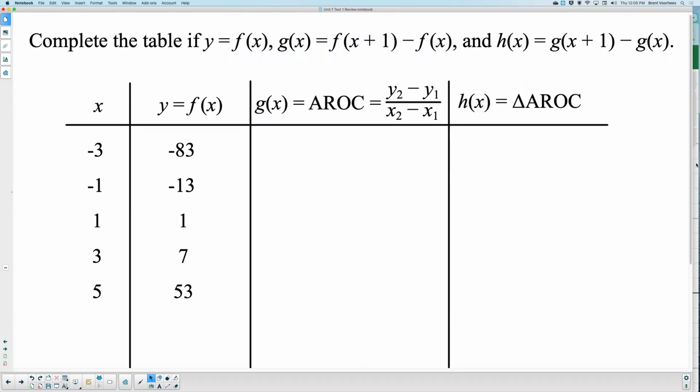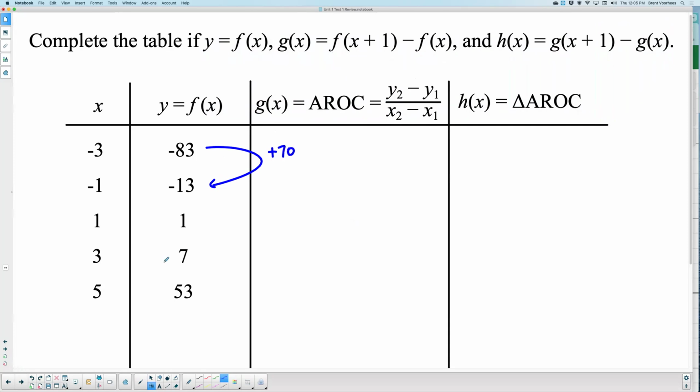So if I'm going to find the A rock, what's the formula for A rock? I know that one's written here. What's the easier way of saying that? Change of y's divided by change of x. So on this one, how much do my y's change by? 70. Increase or decrease by 70? Increase. Put a plus 70 here.